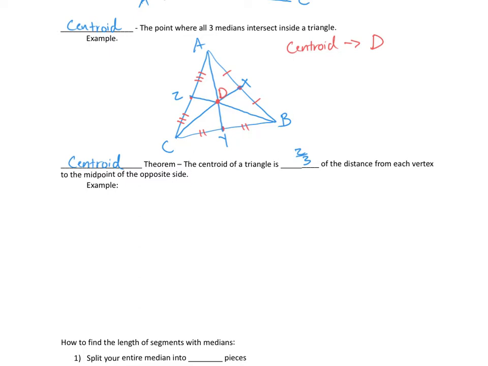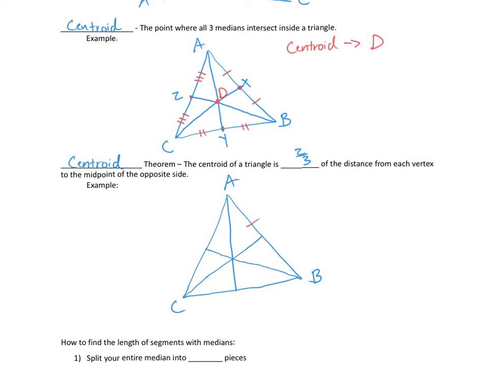If I drew another picture, we love pictures here, A, B, C, with X, Y, Z, and this is congruent like so, and this is the centroid, we'll call this centroid D. It basically says that it breaks this entire thing up into thirds.